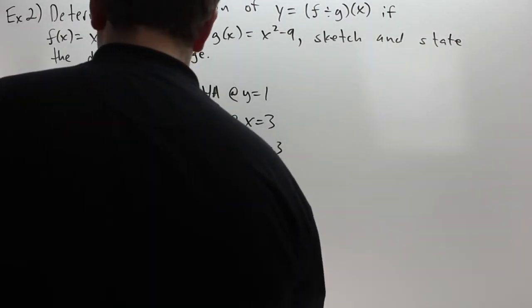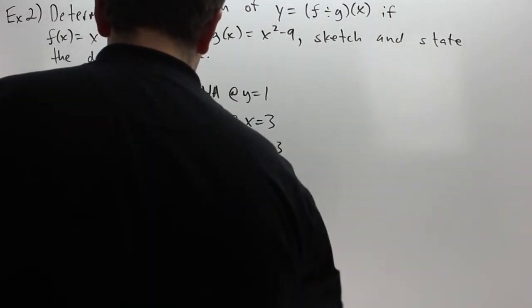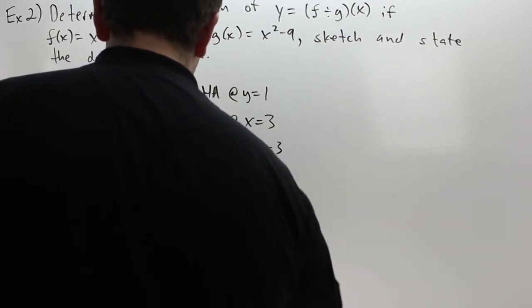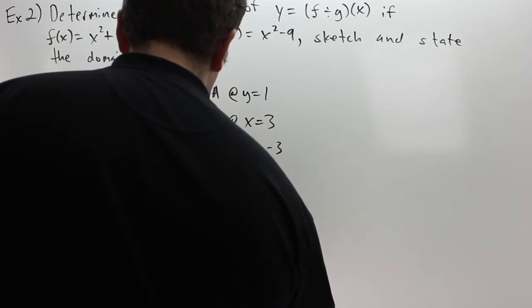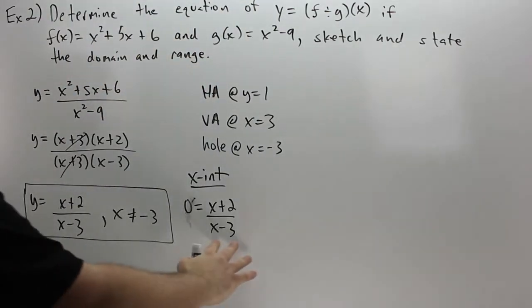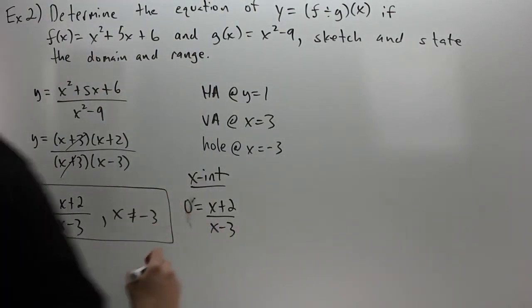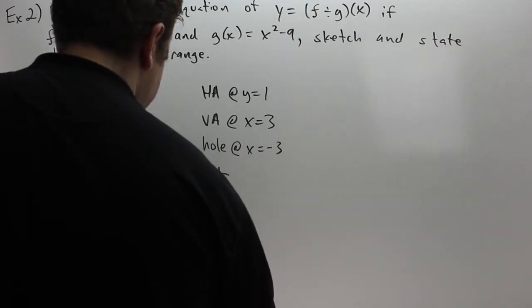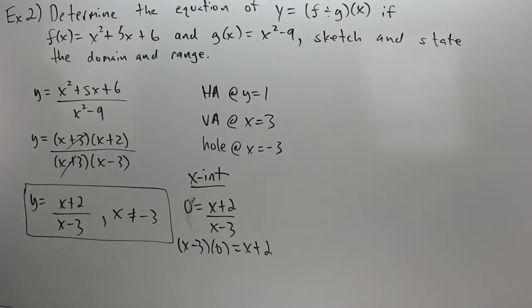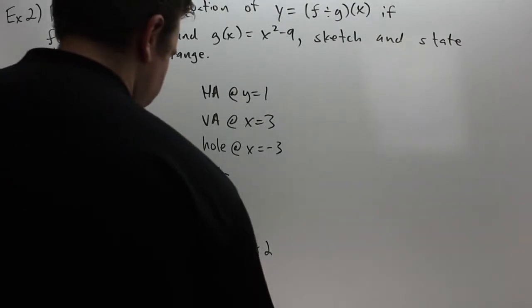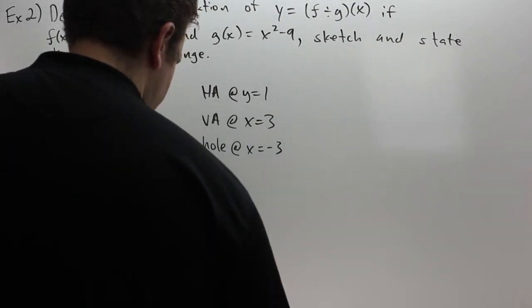So the x-intercept here would be, setting y to 0 to find the x-intercept, 0 equals x plus 2 over x minus 3. At this point here, we're simply bringing this x minus 3 up, which becomes x minus 3 times 0 equals x plus 2, which gives us 0 equals x plus 2, which gives us that x equals negative 2.